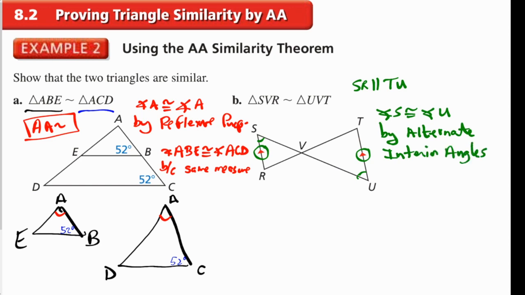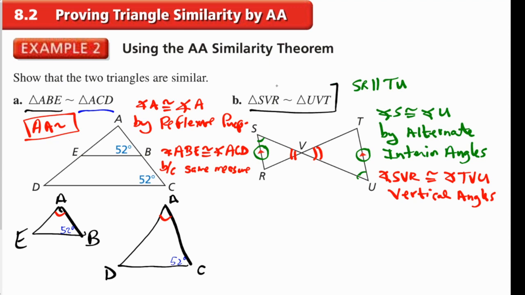And then we can say that angle SVR is congruent to angle TVU by vertical angles. And again, once we've shown that two angles are congruent, these two triangles are similar by the AA Similarity Theorem.